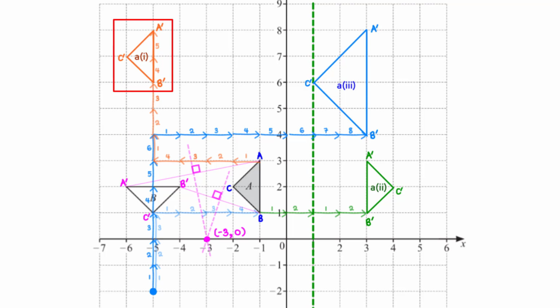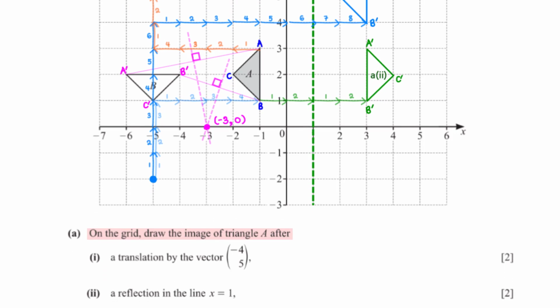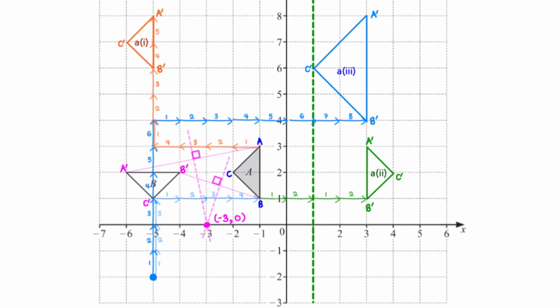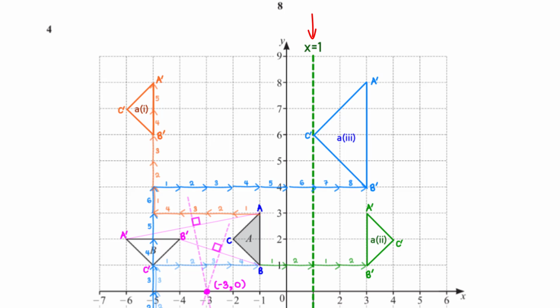image of triangle A. Draw the image of triangle A after a reflection in the line x equals 1. So first, we draw the line of reflection, which is x equals 1. Then from here, we need to reflect the vertices of triangle A in the line x equals 1.